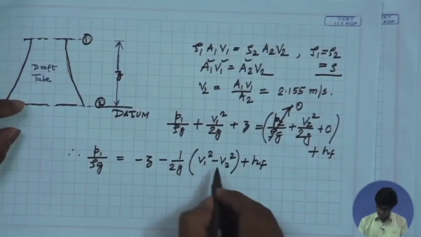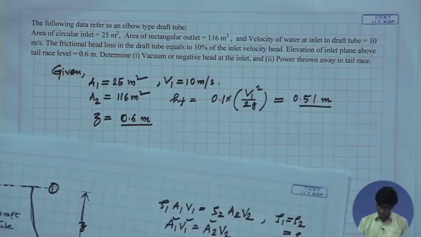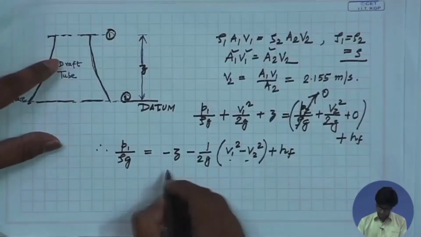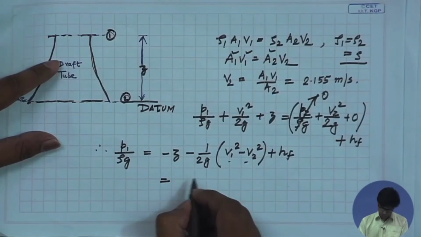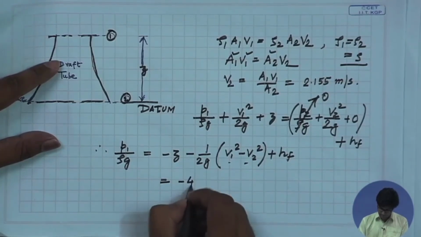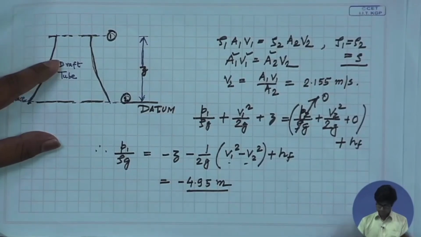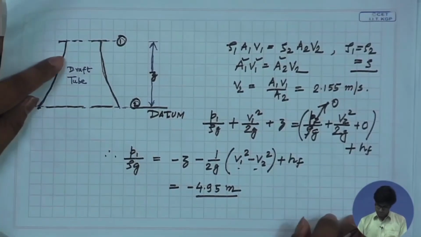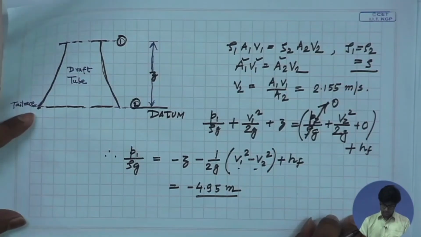We know the value of both V1 and V2, and we have found the value of Hf as 0.51 meters. Substituting all the values, we ultimately get the value of the negative pressure head as minus 4.95 meters. So, there is a suction pressure at the inlet, and the suction pressure head at the inlet of the draft tube is 4.95 meters.